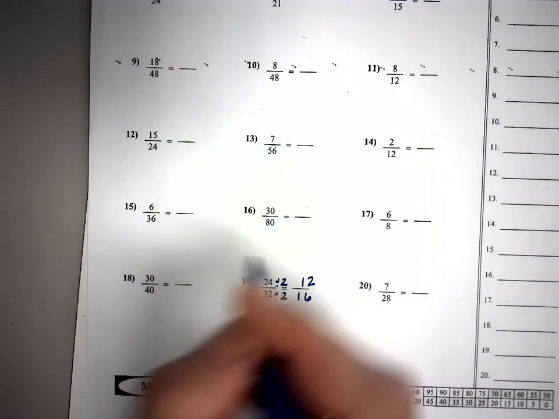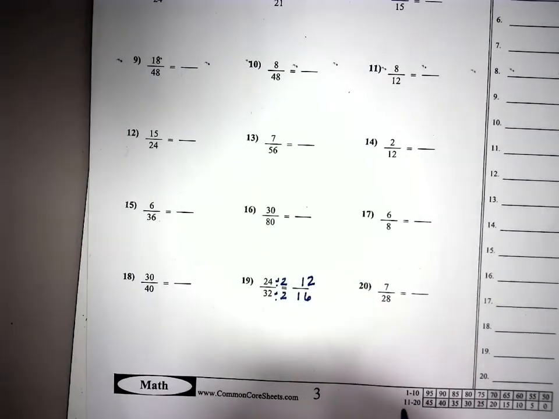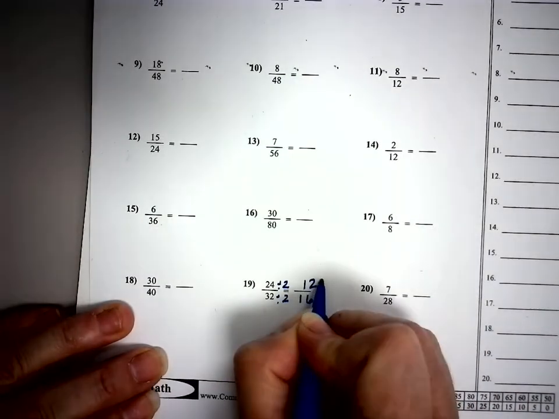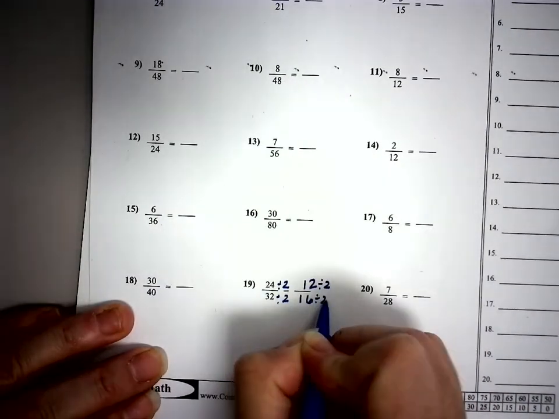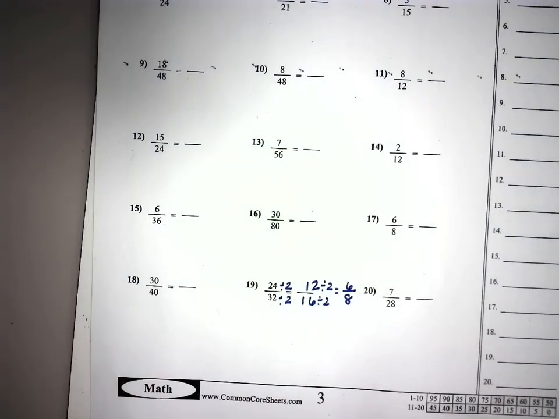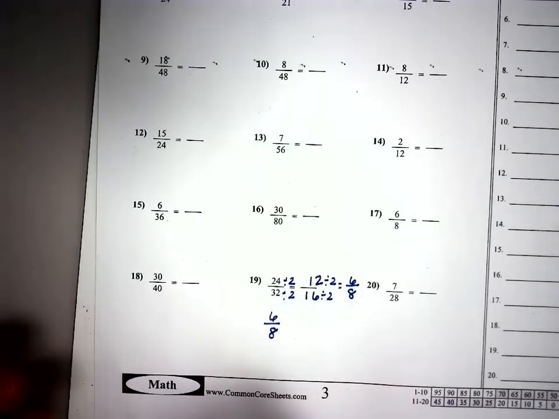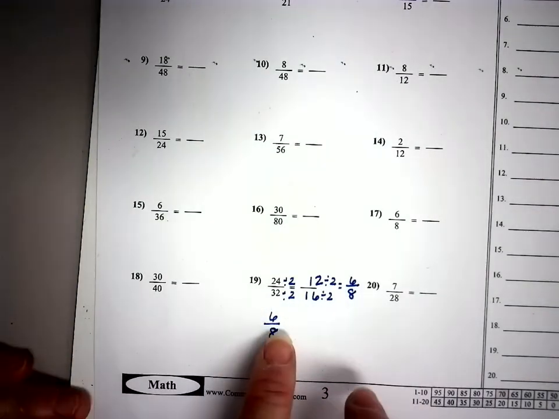Well, I can also see these are even. If it ends in an even number, that means 2 can divide. So I can divide even more. So I'm going to try 2 another time, which gives me 6 and 8. Well, it's not in simplest form yet. So if I have a 6 and an 8, these are small enough numbers I can rainbow to find the greatest common factor.